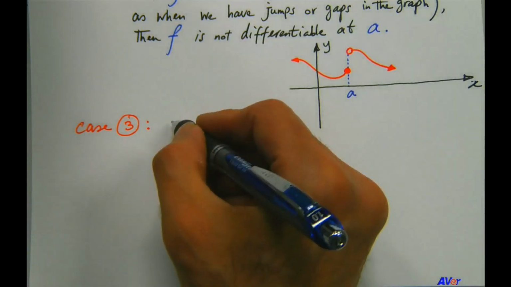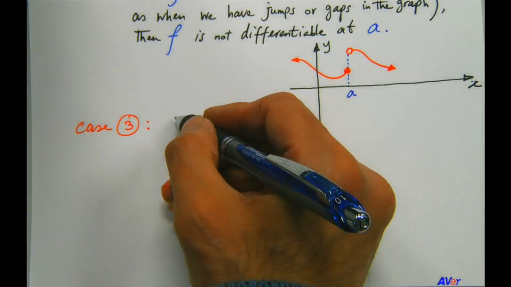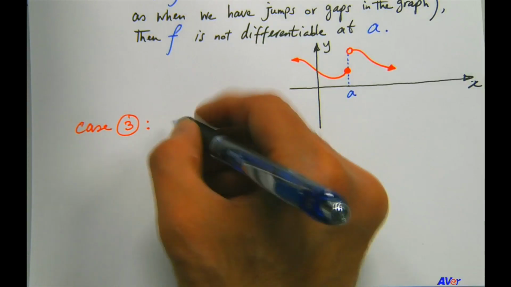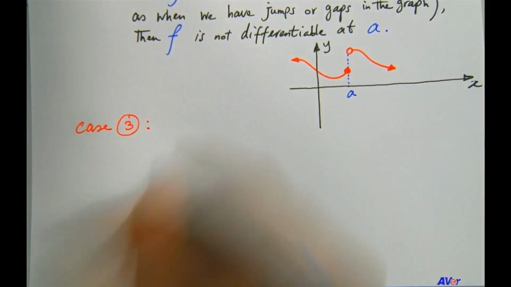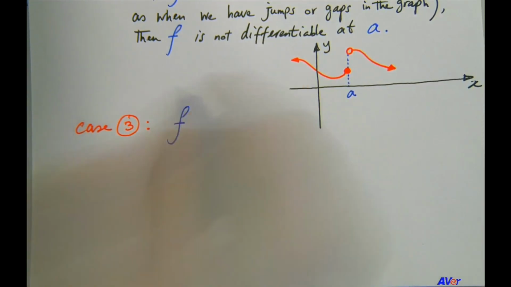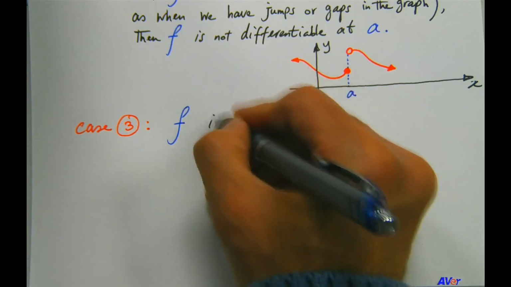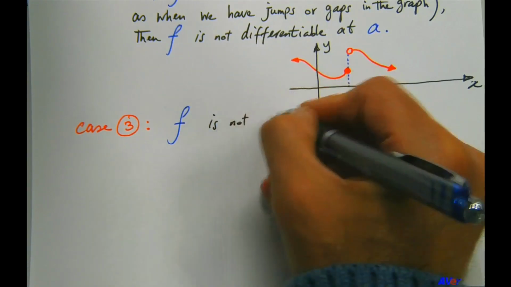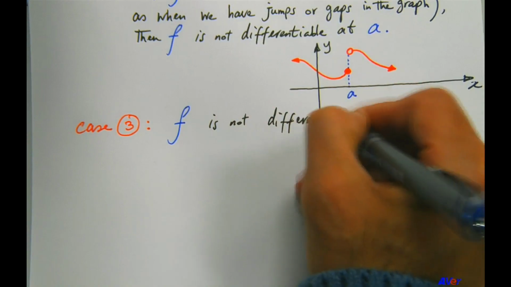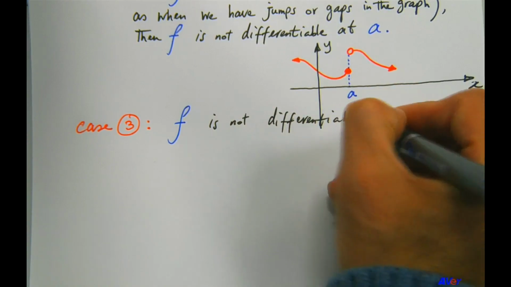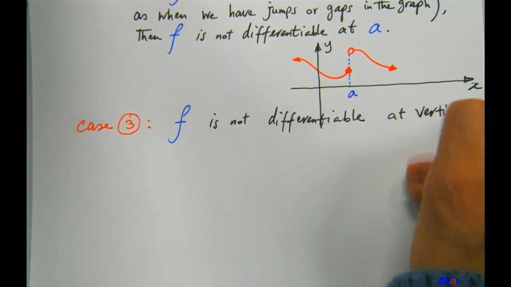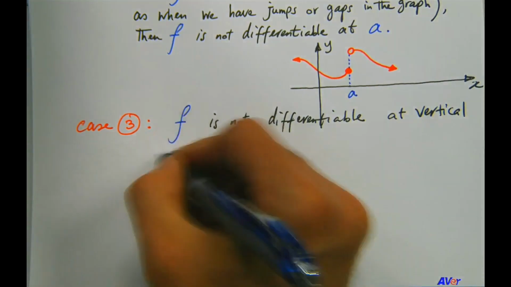So f we can say it's not differentiable at vertical tangent lines.